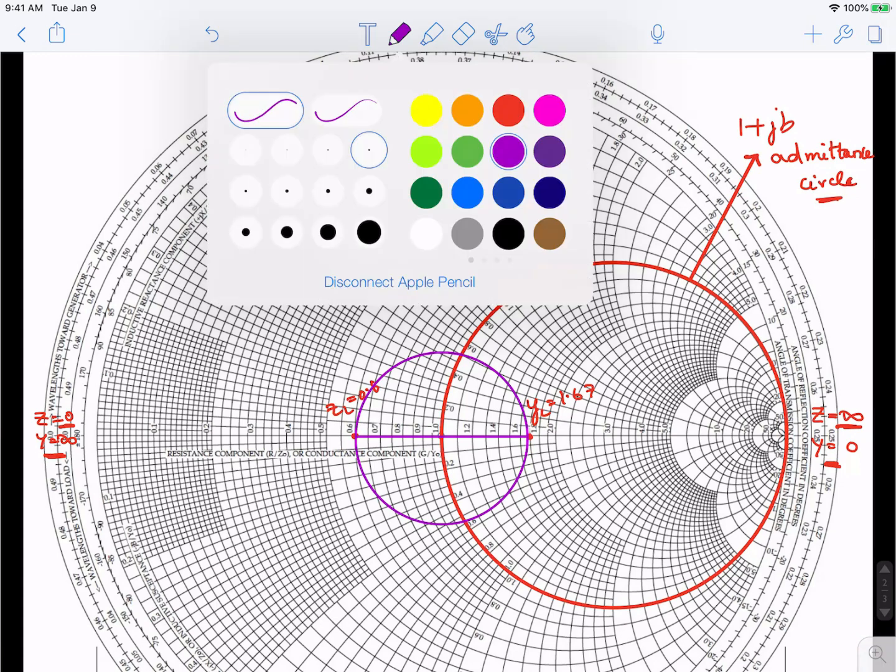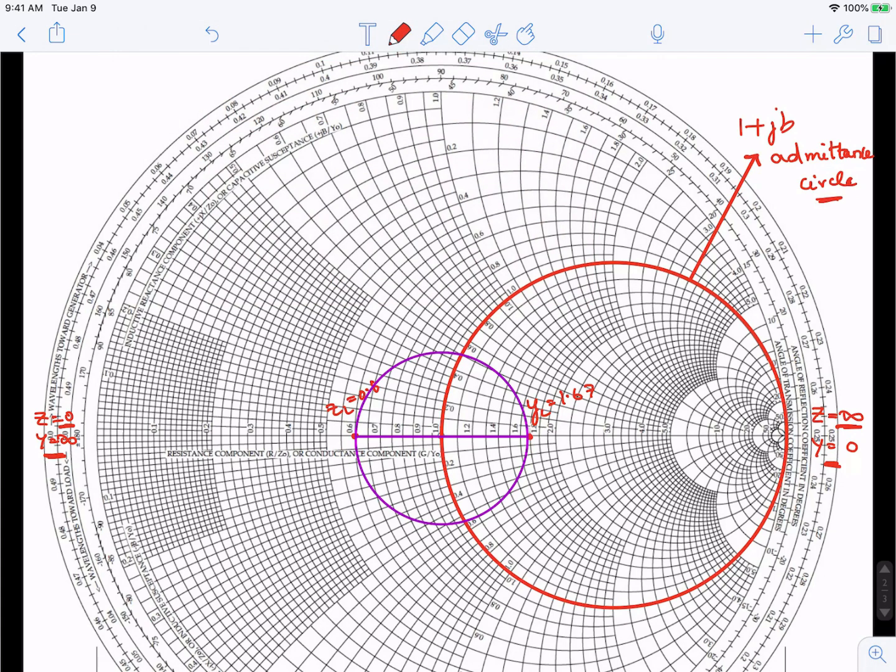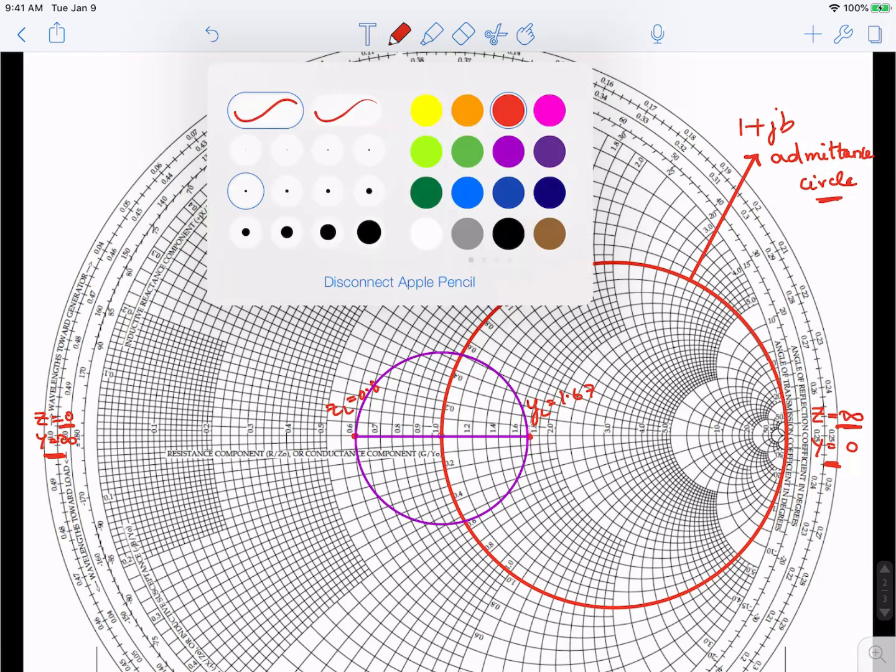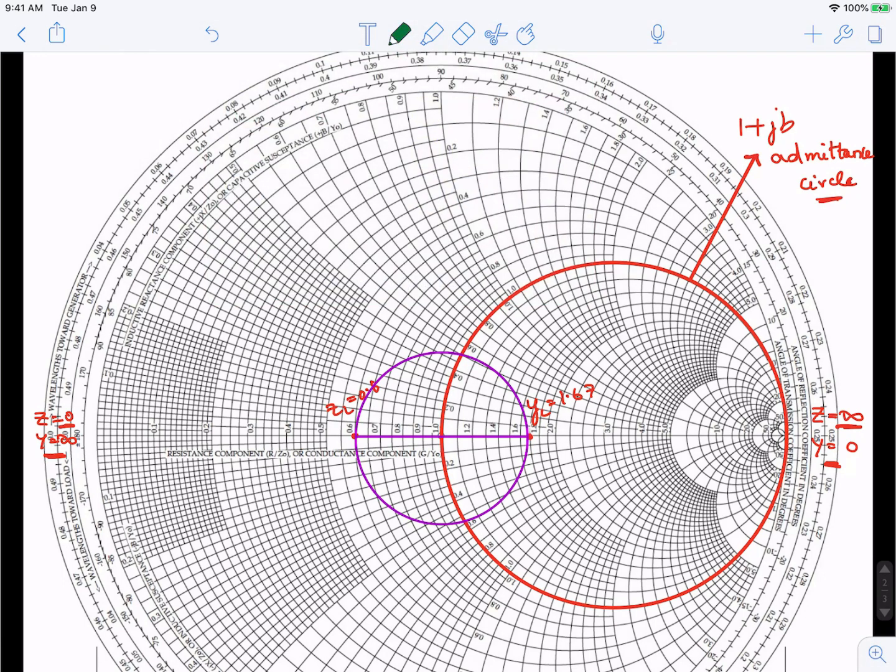So what we want is, now let's also make some other additions. Because we've drawn YL, let's start a line from the center, draw a line joining the admittance and cutting across the Smith chart to the end.